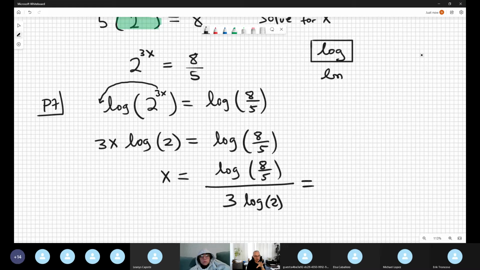This is not exactly the moment to use the calculator because my strong recommendation is to try to optimize the computation.